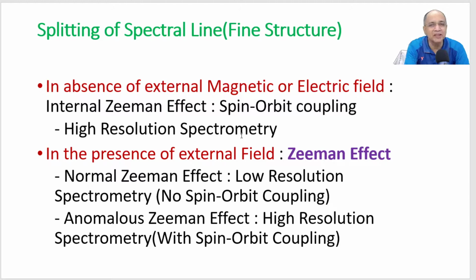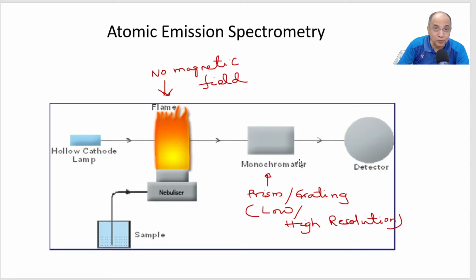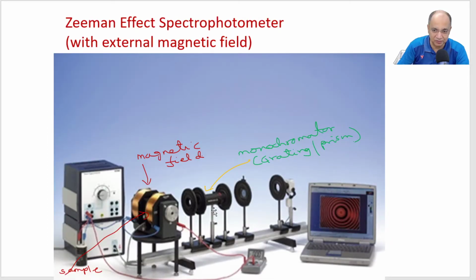Wait, don't worry. And that happens only under high resolution condition. That means here you have to improve the capacity of the separator or the monochromator here. That is under our control. Whether you are using a high power grating or a low power prism, is under our control.